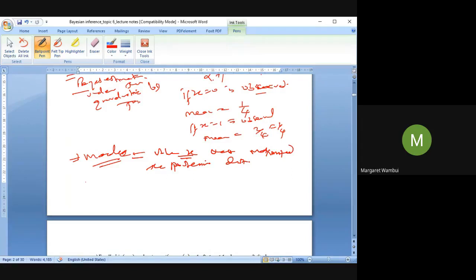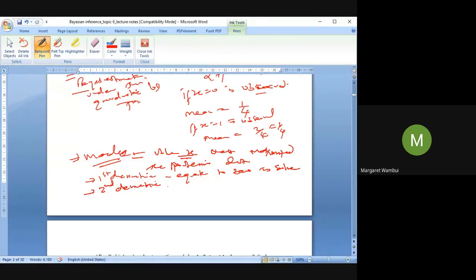I would need the first derivative, then equate it to 0. And this is from our calculus class or from our math classes. Then from there, for you to find out whether it gives you the maximum value, you look for the second derivative.